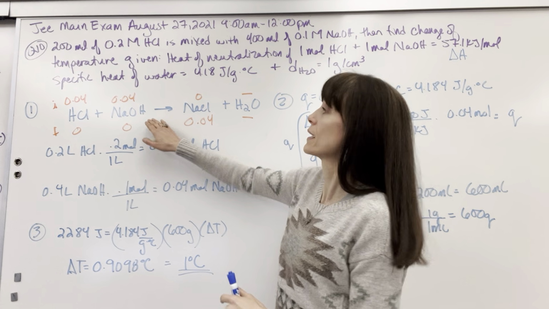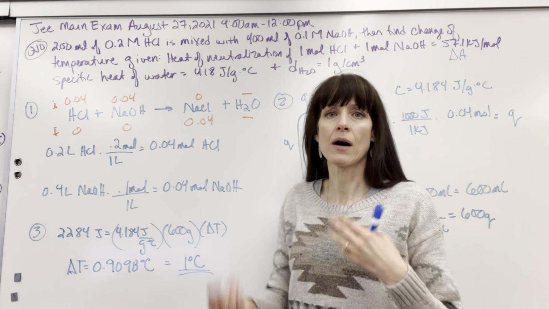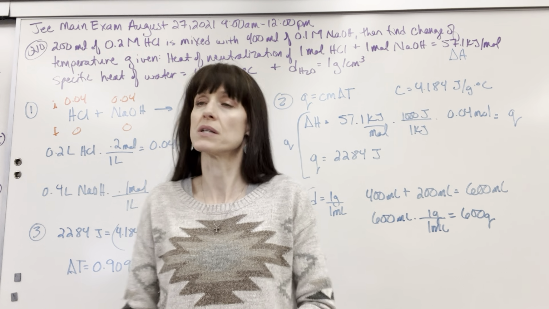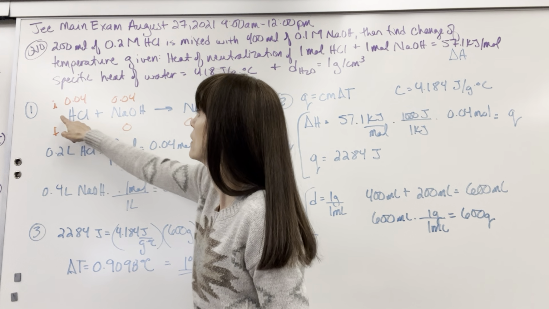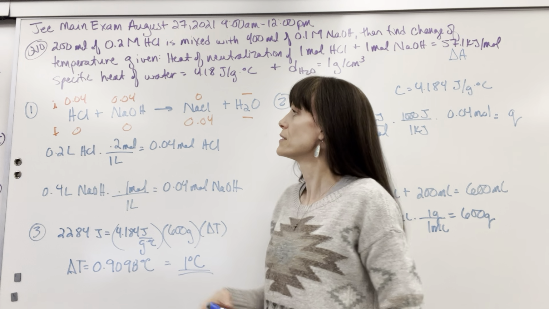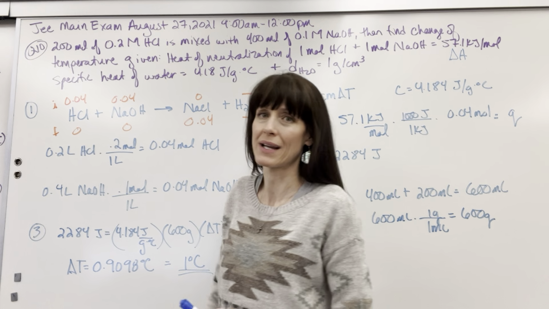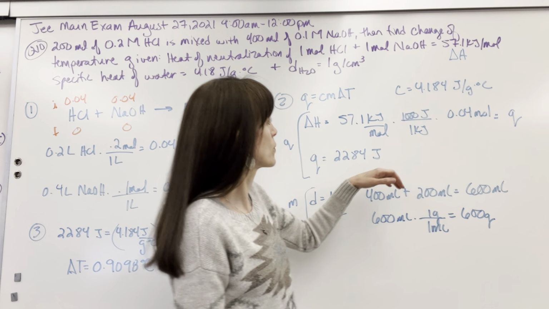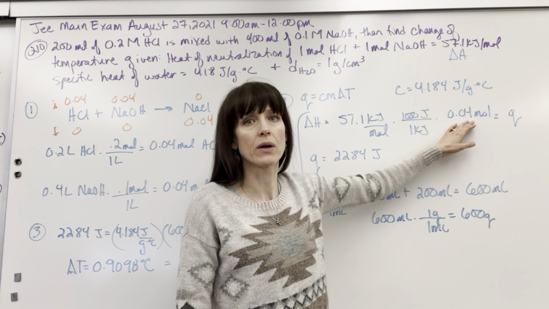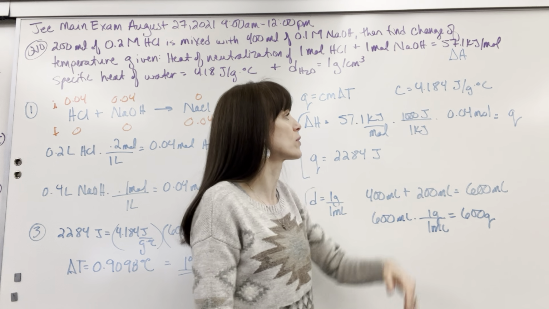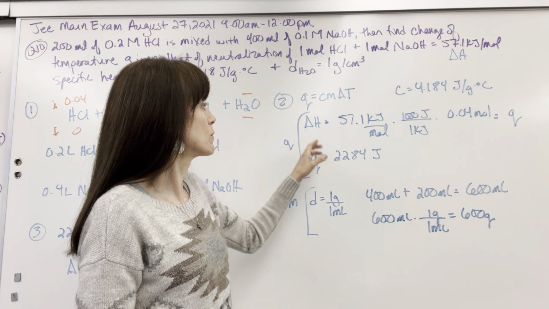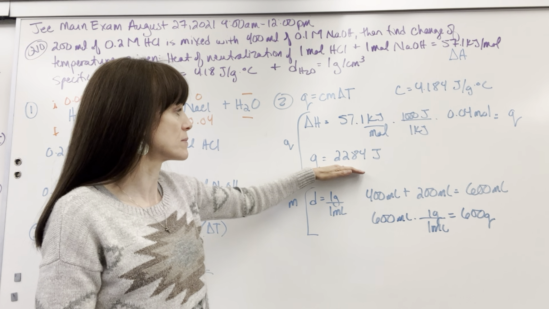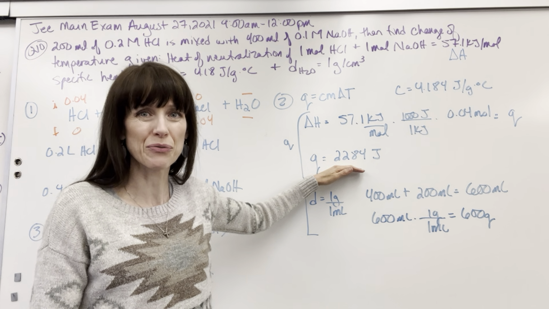Here's where we're going to come back and reference this. Well, how many moles reacted to produce this? Notice it's a 1-to-1 mole ratio, and so 0.04 moles reacted, which produced over here the 0.04 moles. So what I put here is the 0.04 moles. When we multiply this, the Q comes out to be 2,284 joules.